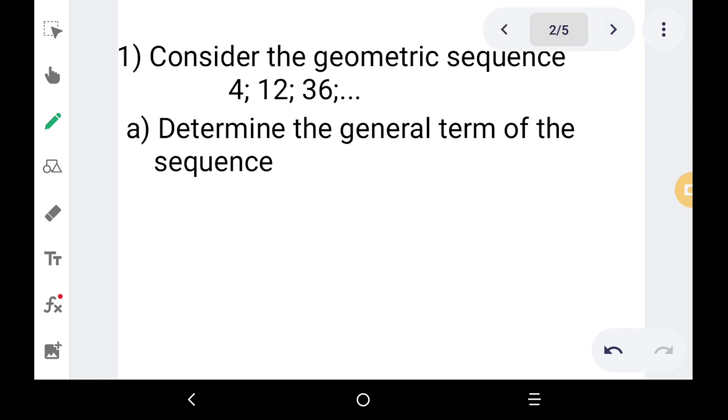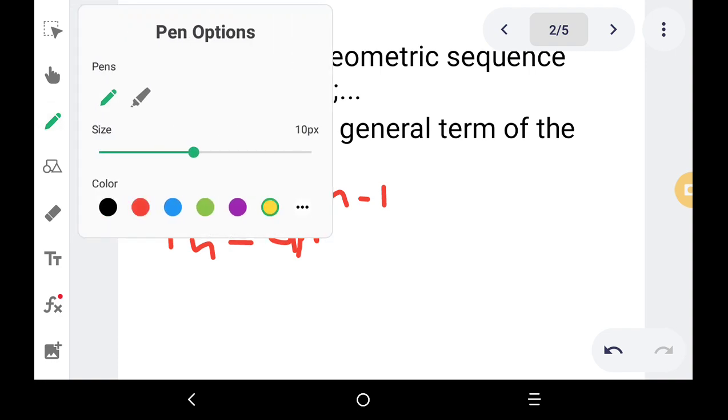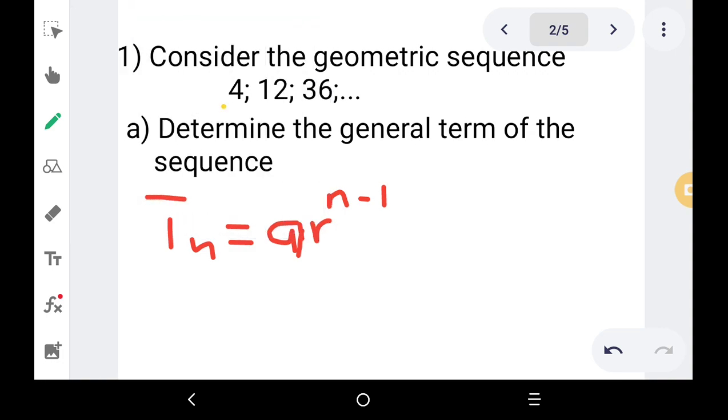Now consider the sequence and determine the general term. We're going to use the fact that all geometric sequences have the same general term, a r^(n-1). For this, we need our a, which is our first term, 4.